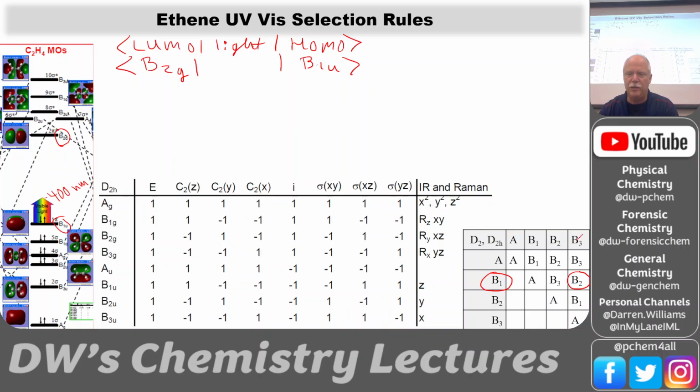So I would need something with B3. So I've got right here B3U is X polarized light. So X polarized light is B3U. That's good. And I've got an even number of U's. So it's looking really good.